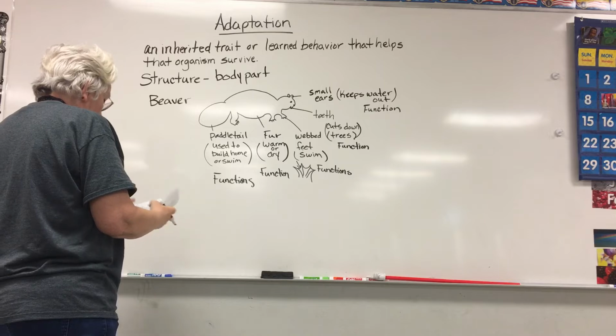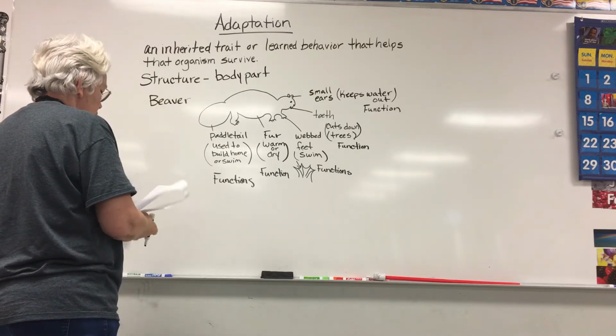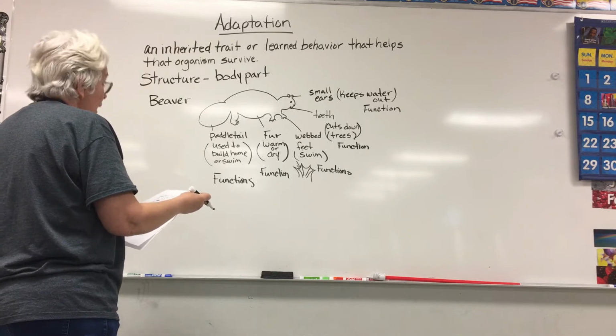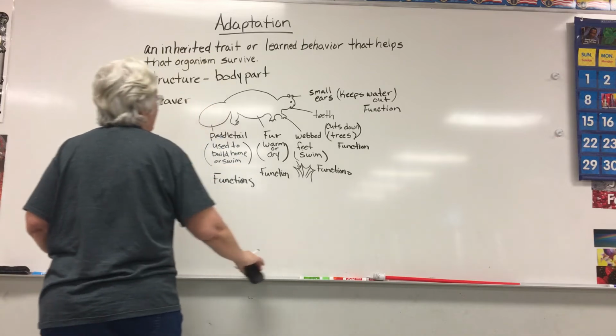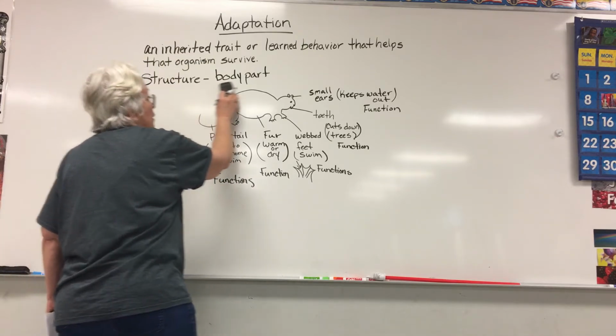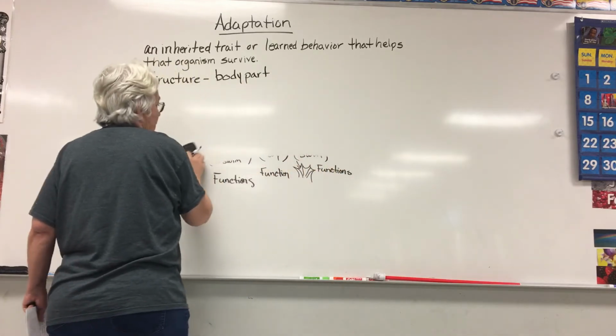Okay, so the next thing that I want to talk about, because I'm trying to keep this really short, is the habitats. I'm going to erase Mr. Beaver here, say goodbye to Mr. Beaver. Everybody knows what a habitat is.